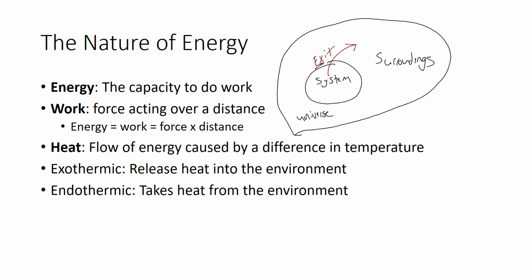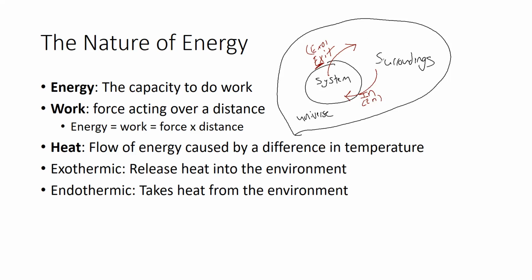One way to remember that is exit. Exothermic exits the system, while endothermic goes inside the system, endo. So exo is heat leaving the system. Endothermic is heat going into the system.